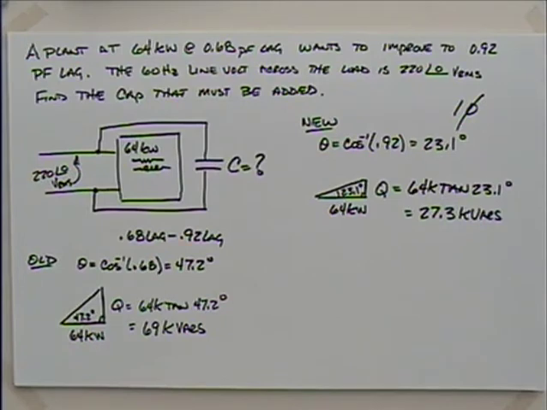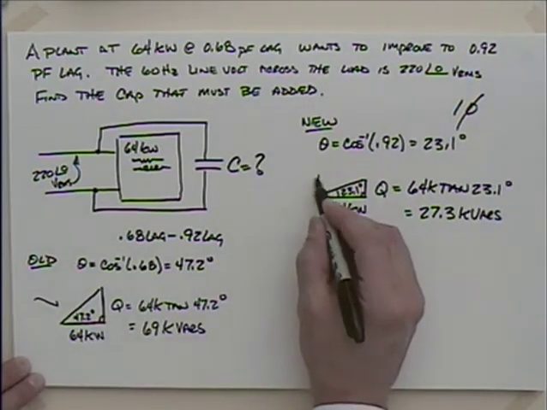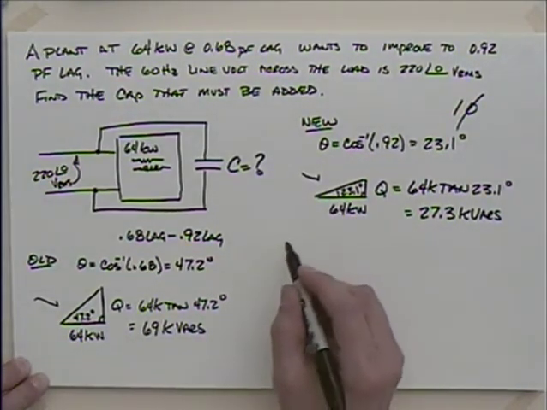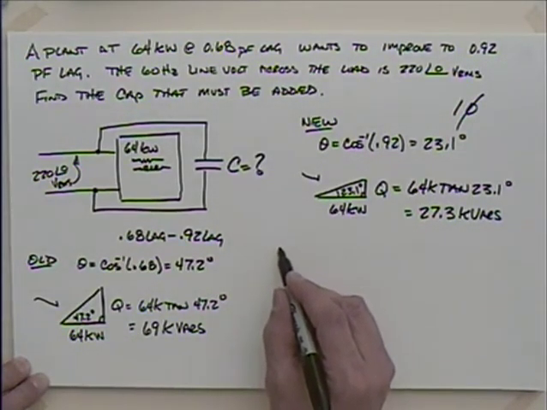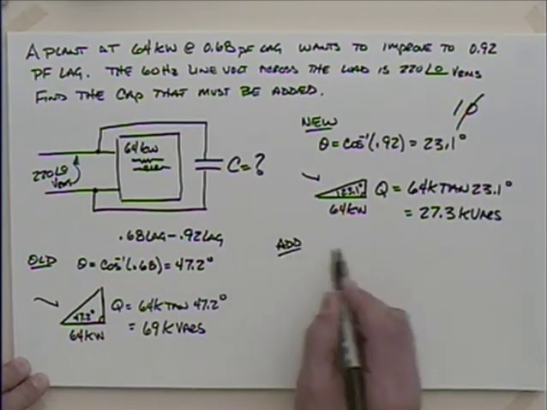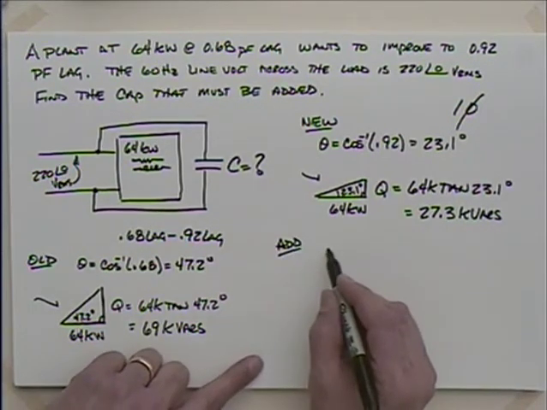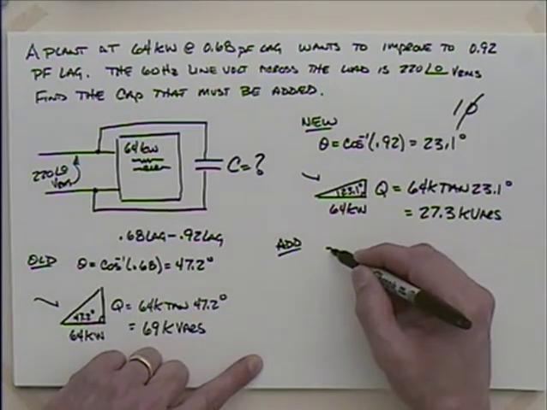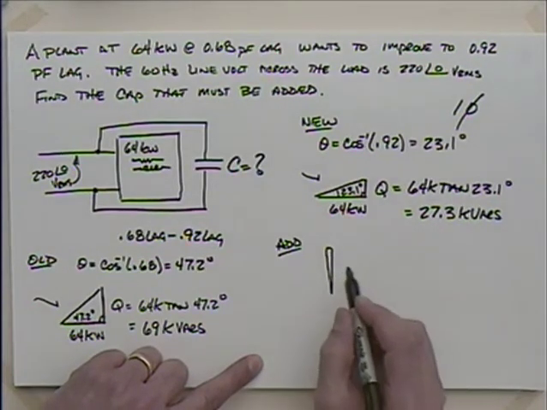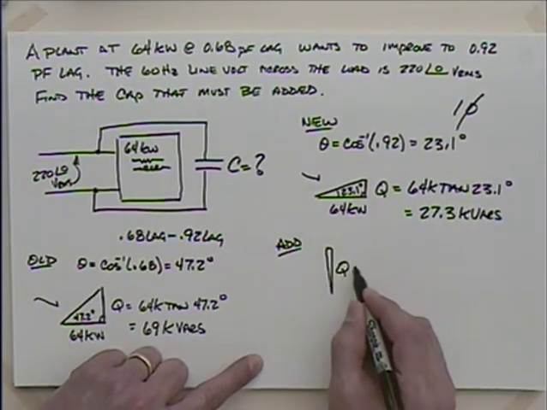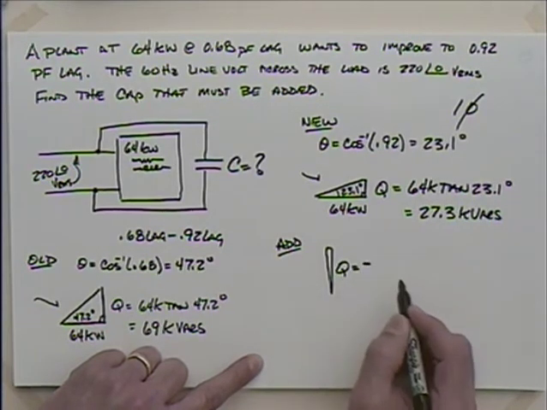Okay. So how do I get from this triangle here to this triangle over here? To get from the old to the new, I'm going to have to add a triangle that looks like this, real small there, virtually nothing there, and this Q is going to have to be equal to a what? A negative.